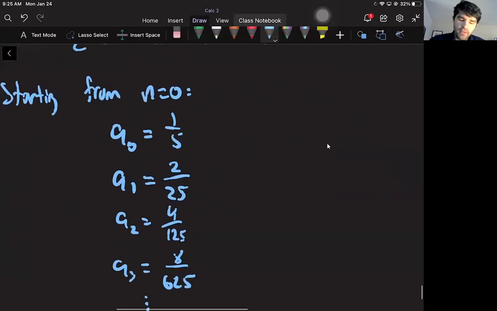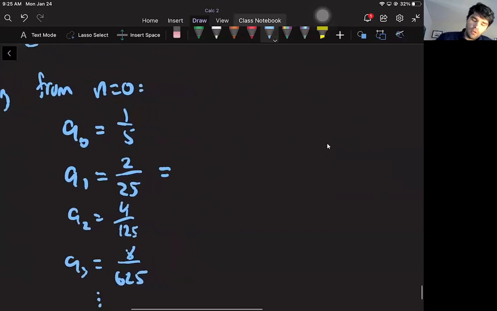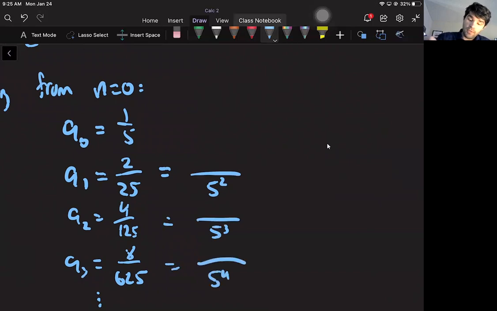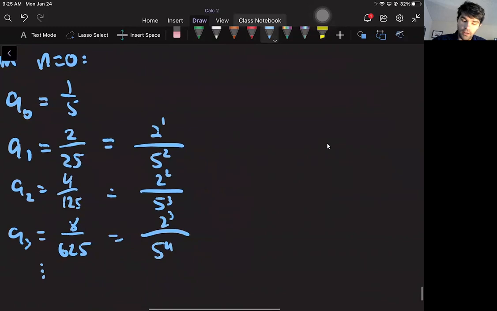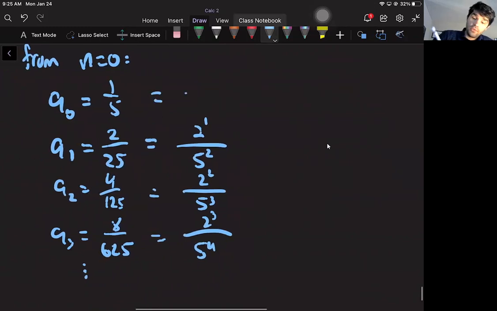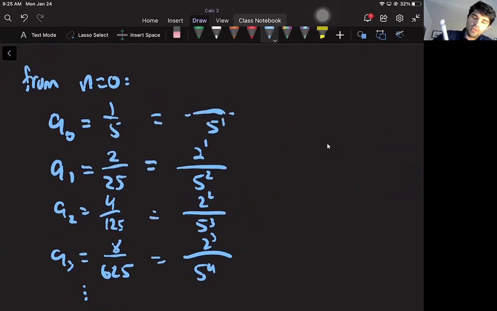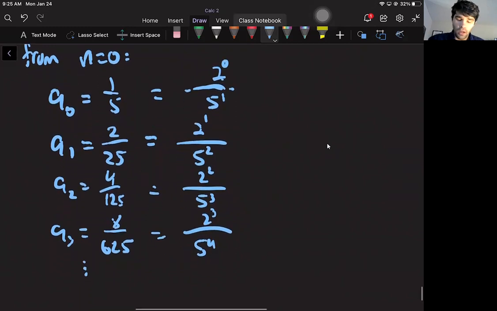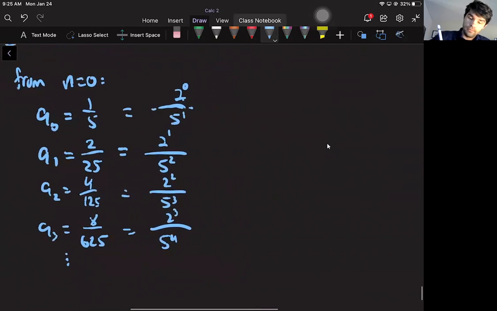So now what's happening is we can see that on the bottom is powers of 5. And on the top is powers of 2. And it does work for the first one, but it's harder to see, so I did that one last. But this is really 2 to the 0 on the top. Okay, so then what's AN?